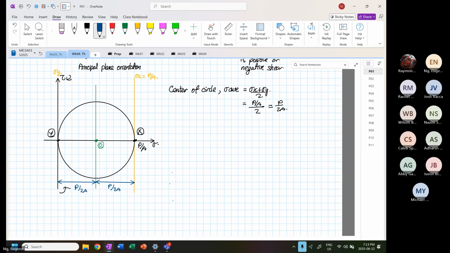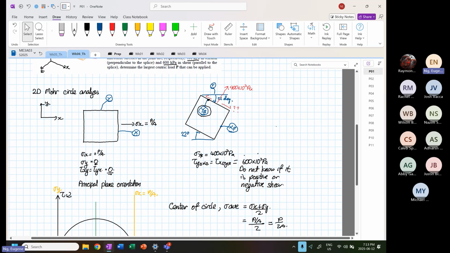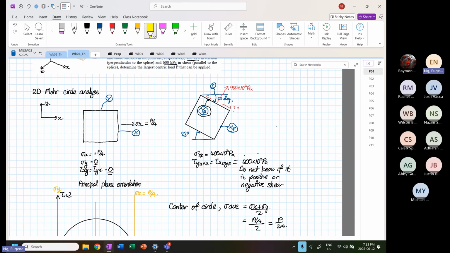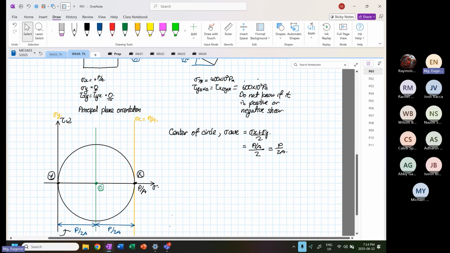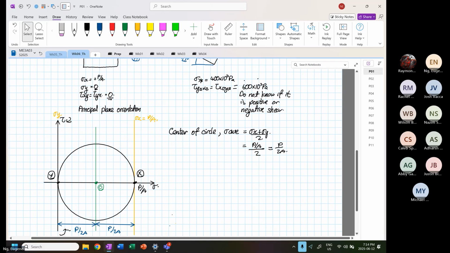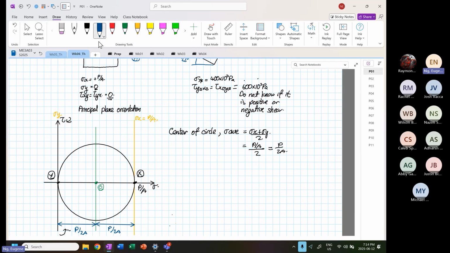So now we also know, from P to Y beta, I want you to focus on this diagram now. From Y to Y beta is a clockwise rotation of 22 degrees. So now we are going to rotate from the center of circle by 44 degrees. I'm now going to sketch 44 if I can.